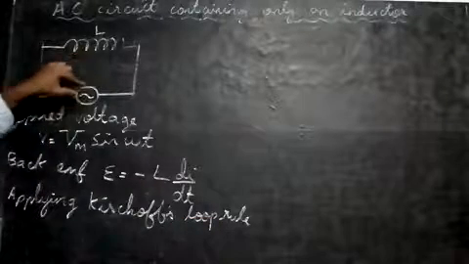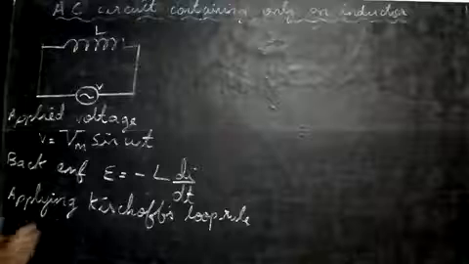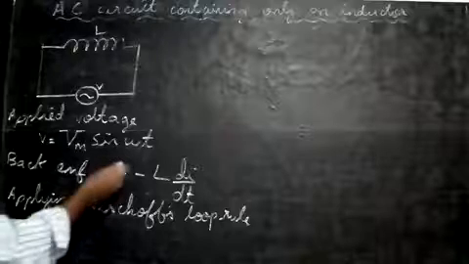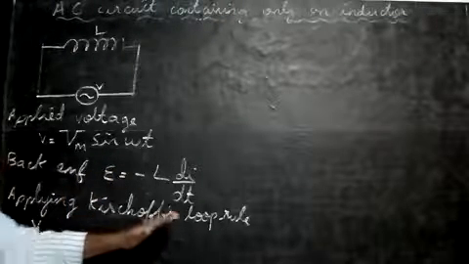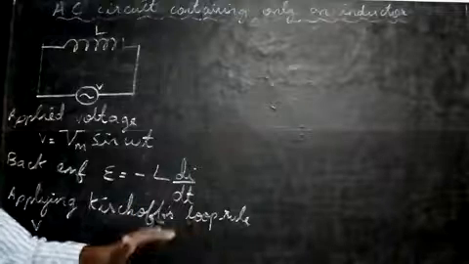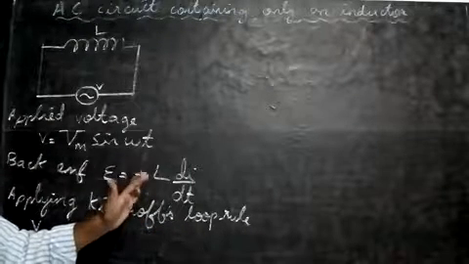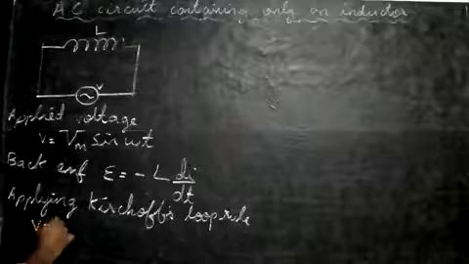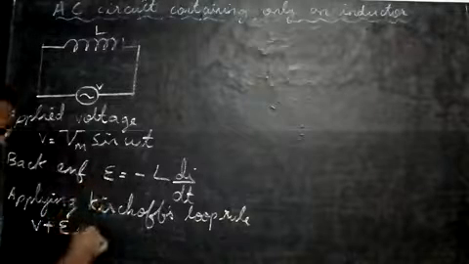This is the voltage that we give, small v, and then we have this epsilon here. What is Kirchhoff's loop rule? The algebraic sum of all the voltages and EMFs is 0. So small v plus this EMF here will be equal to 0.